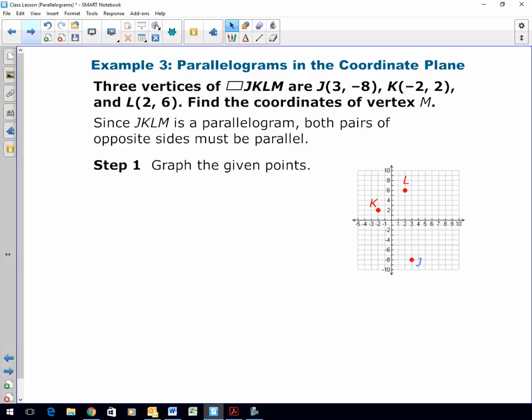JKLM is my parallelogram. What dot is missing? M. Guess what you have to do here? You've got to find the coordinates of it, and you've got to plot it and all that good stuff, correct? What type of tool do I have to find that particular point?